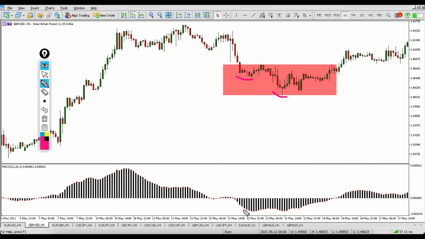But right here on the indicator, we have this low and then we have a slightly higher low, or even if it is the same level, then that's also considered a divergence. However, a stronger divergence is when we have a low followed by a higher low, as in this case. So this by itself is a buy signal. And so we could make our entry right here on this reversal candle.